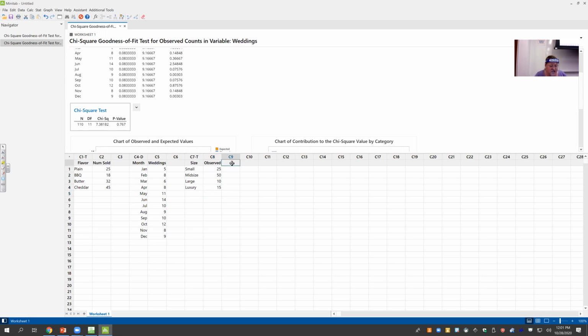Then in the third column, you can call it expected if you want to. I had 28.1%, so that's 0.281. Mid-size is 47.8, so that's 0.478. 0.07 for large and 17.1.